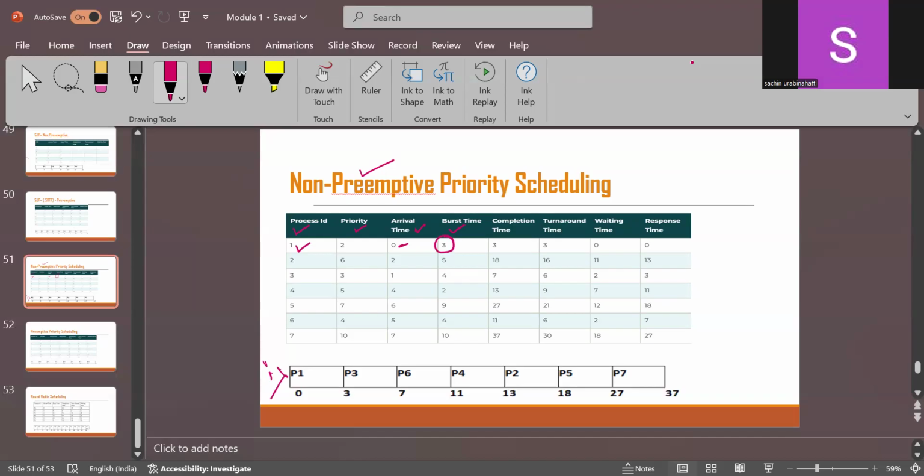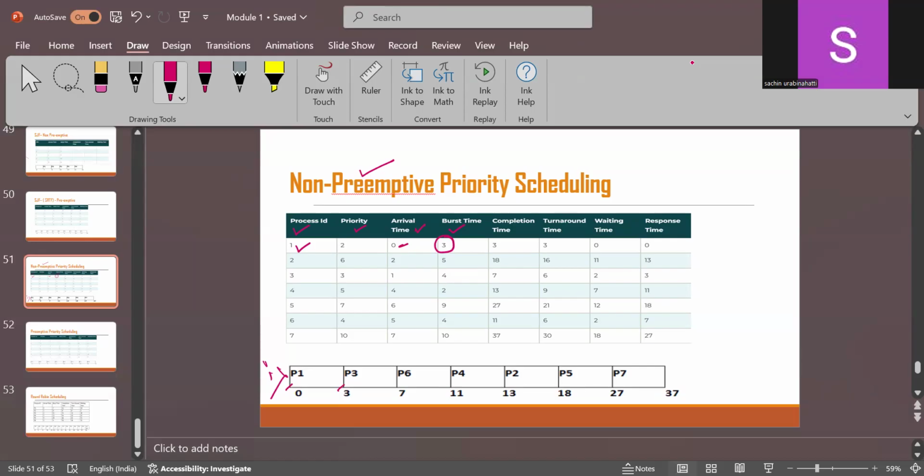So definitely process P1, if it starts at 0, will completely execute and then move on to the next process. Process P1 starts at the 0th time unit and ends at the 3rd time unit. But which processes are in the queue now?